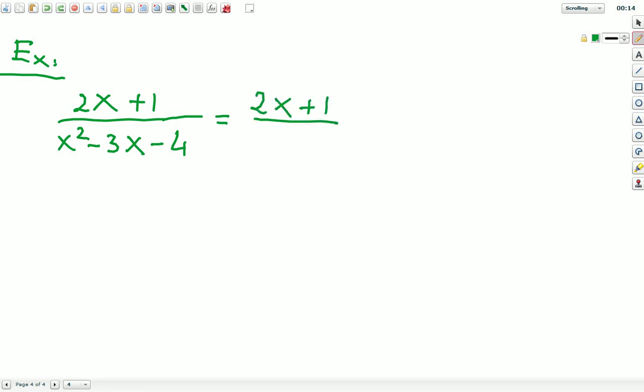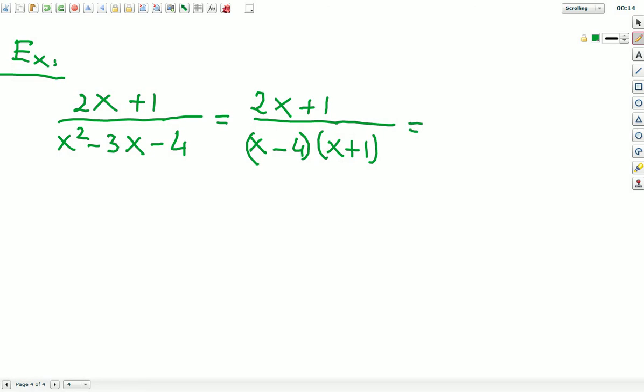Okay, so basically let me just start out by factoring the denominator, and we end up with x minus 4 times x plus 1.